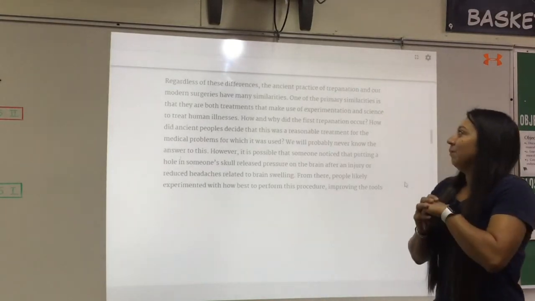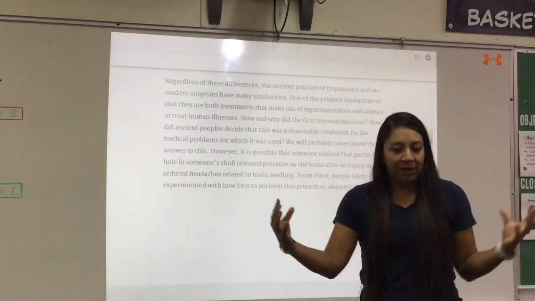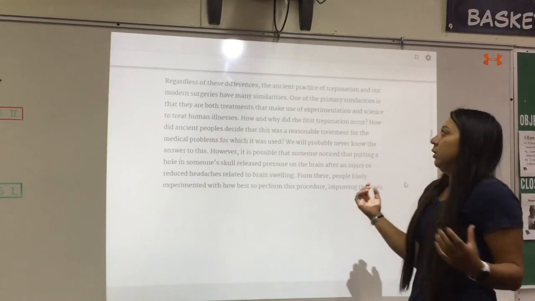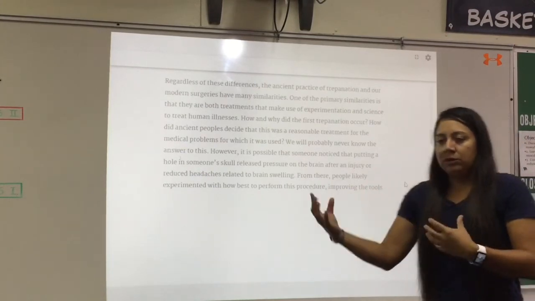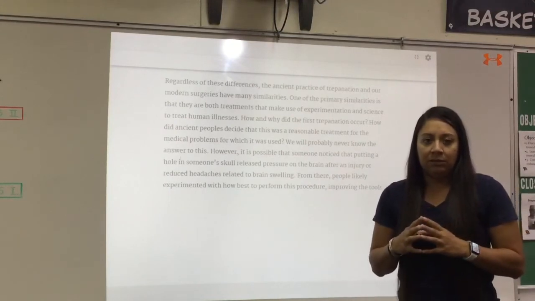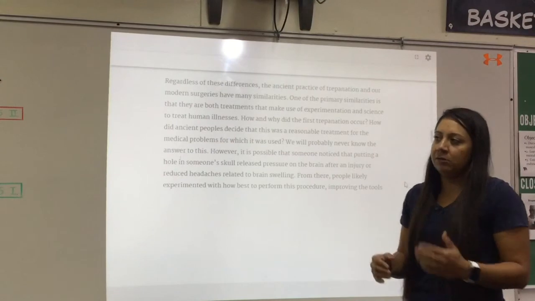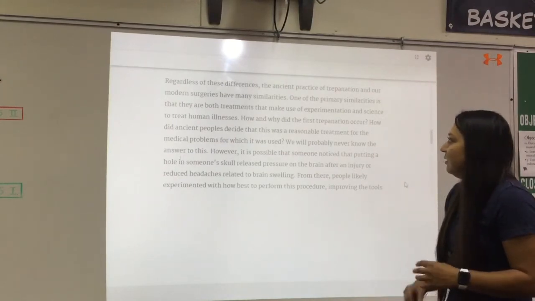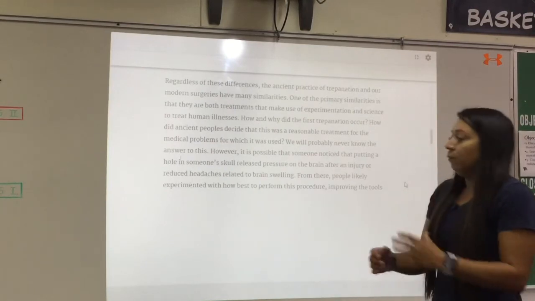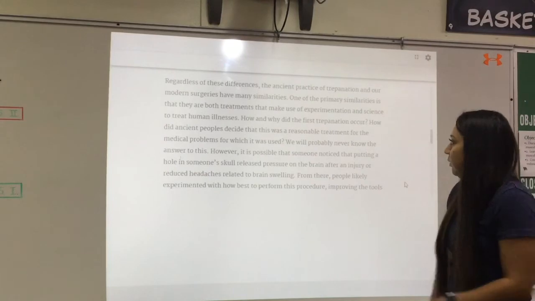But although these are totally different types of practices, they still have similarities. They're all surgeries, but today's surgeries versus this type of surgery were experimental. In order to find out what works, doctors had to perform these tasks to see if it actually did work and if it was a reasonable treatment for the medical problems it was being used for. Makes sense, right?